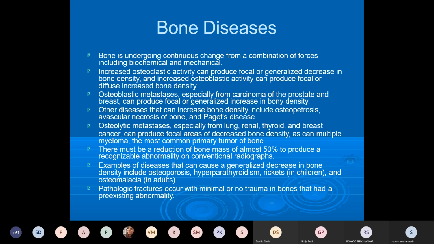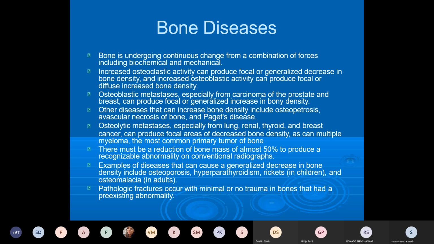There may be a reduction of the bone mass of almost 50% to produce a recognizable abnormality on conventional radiographs. Examples of diseases that cause generalized decrease in bone density are osteoporosis, hyperparathyroidism, rickets in children, and osteomalacia in adults. Pathological fractures occur with minimal or no trauma in a bone that had a pre-existing abnormality.